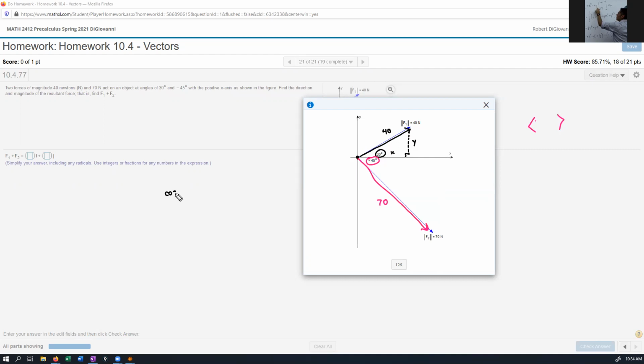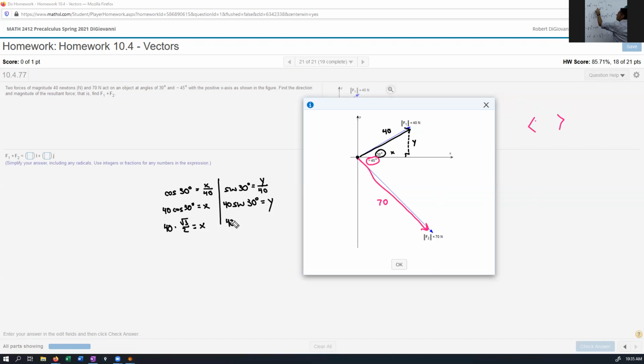So I'm going to use the fact that cosine of 30 degrees is equal to X over the R, okay? And I'm going to use the fact that sine of 30 degrees is equal to the Y over the R, which is 40. So 40 cosine of 30 equals X, 40 sine of 30 equals Y. 30 is a common angle, so this is √3/2.